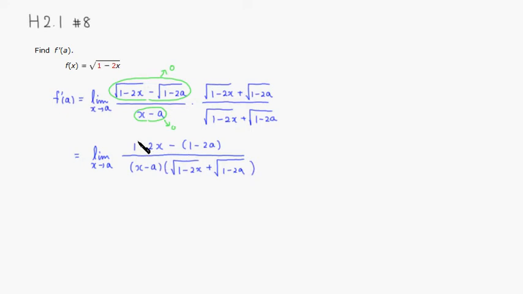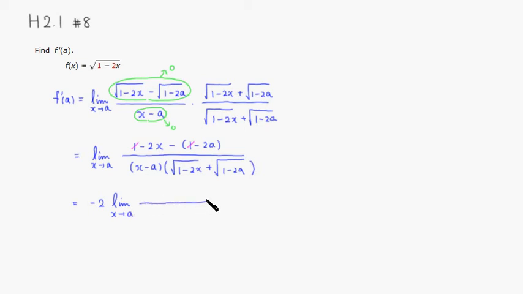Here's a 1 minus 1, so you can cancel that. And there's a negative 2 here, and you have negative 2 as well. So I'm going to pull out the negative 2. Since it's a constant, we can put it outside. Then you get the limit as x approaches a.